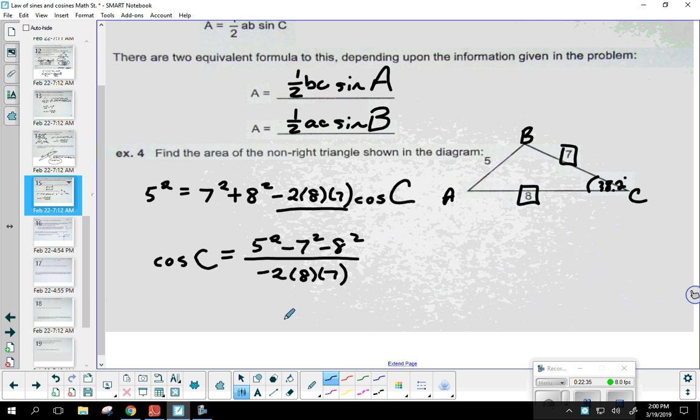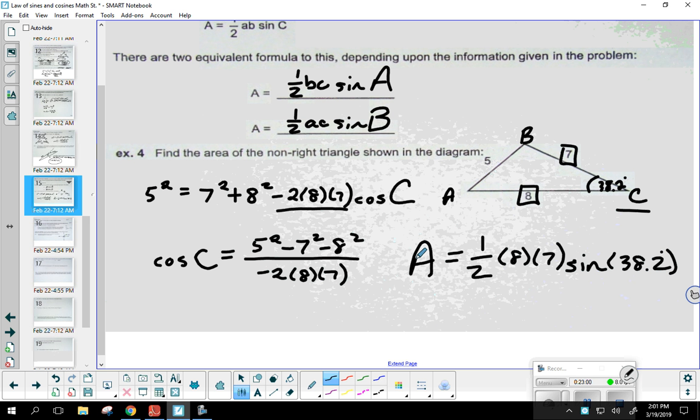Okay, so now I'm going to use that measure with the formula to figure out the area. Since we're going with angle C, the area is going to equal half of 8 times 7 times the sine of the 38.2 that we just found.